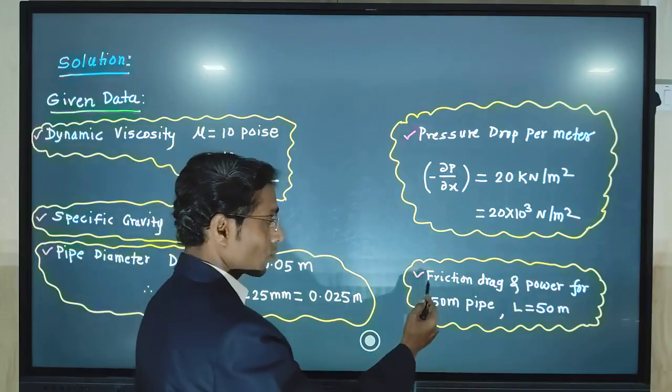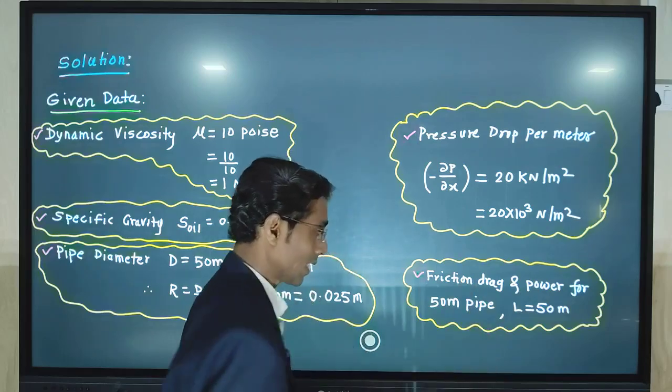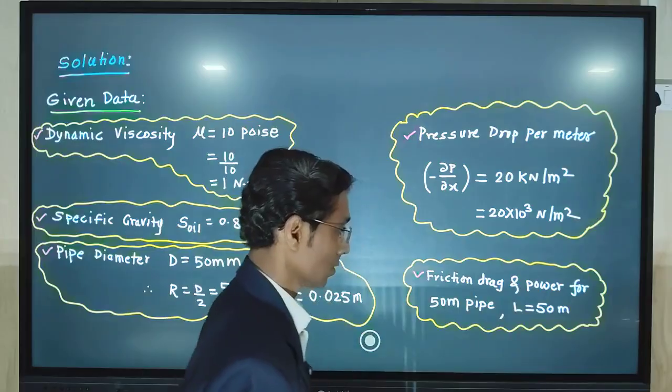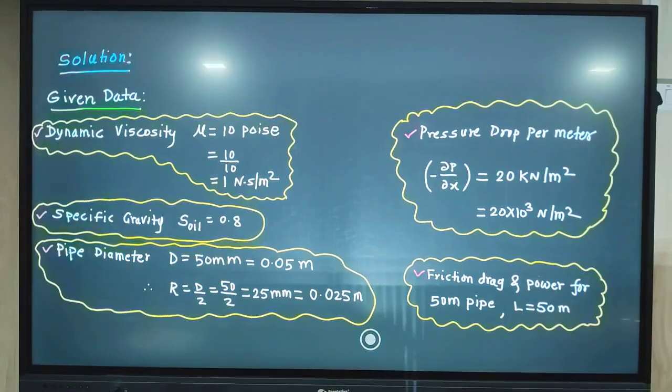Then to calculate friction drag and power for 50 meter pipe, the length of the pipe is here 50 meter.